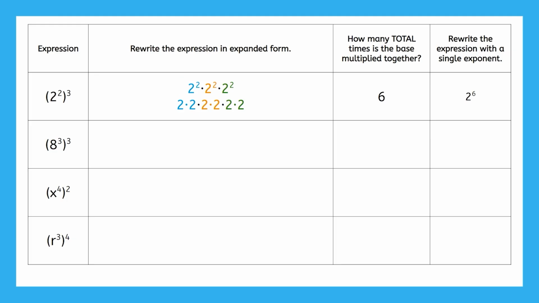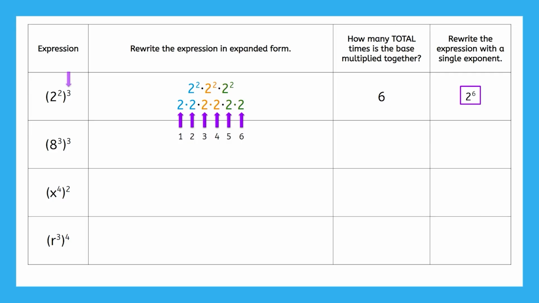Then each of these 2 squareds is expanded further into 2 times 2 times 2 times 2 times 2 times 2. So how many total times is 2 being multiplied? 6 times. So the expression is rewritten with a single exponent as 2 to the power of 6.